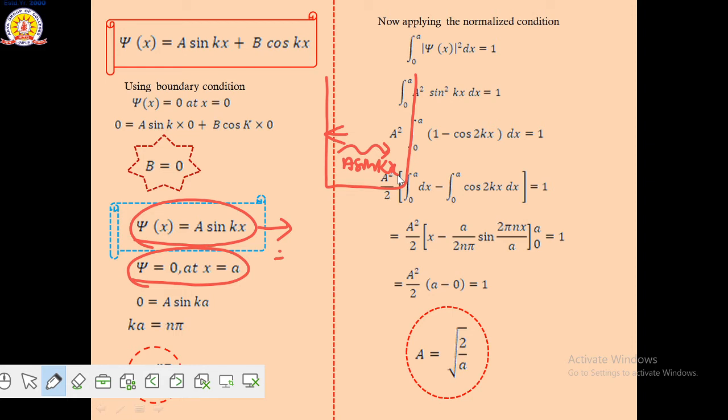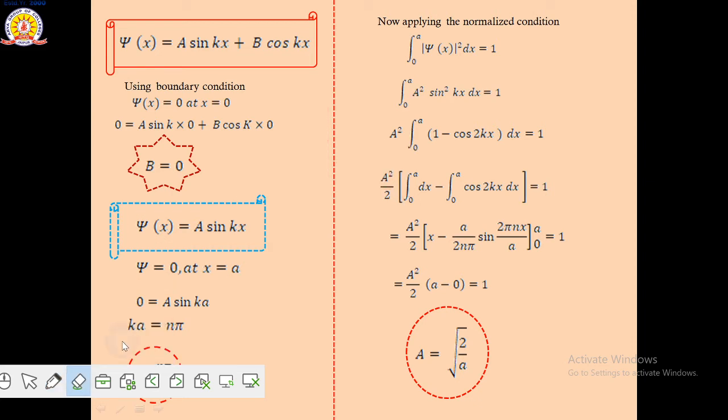That's why the second boundary condition will be applied only on that given equation. So that is the second boundary at x is equal to a. At the second boundary, the wave function will also be 0. So put that value 0 equal to A sine kx at x is equal to a. So put x is equal to a here. So it will be 0 equals A sine ka.